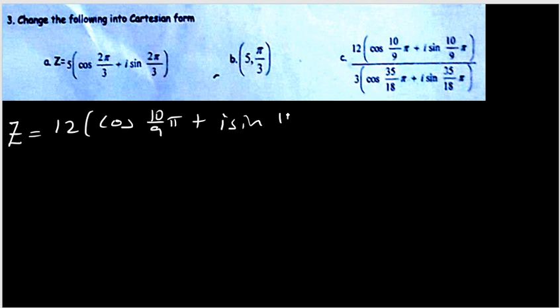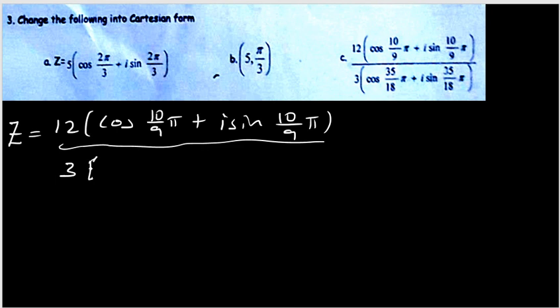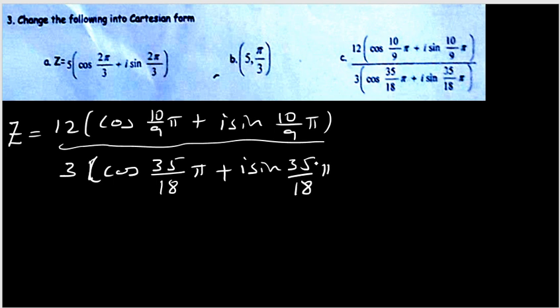First, let's write it. The z is equal to 12 in brackets, cosine of 10 over 9 pi plus i sine 10 over 9 pi, the whole over 3 times cosine of 35 over 18 pi plus i sine 35 over 18 pi.